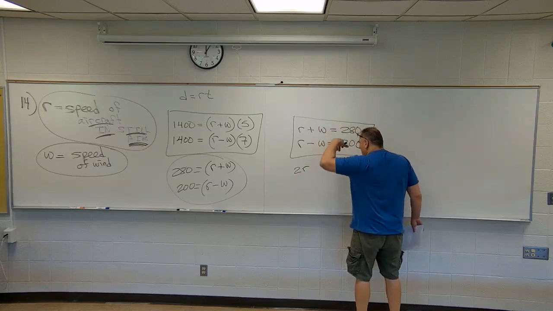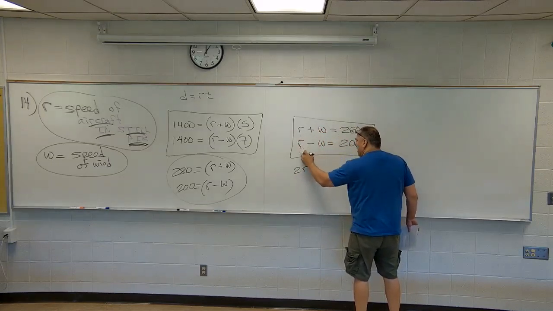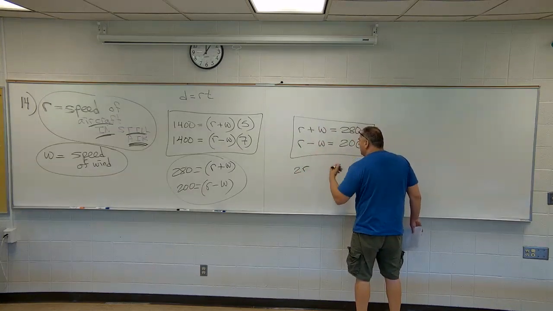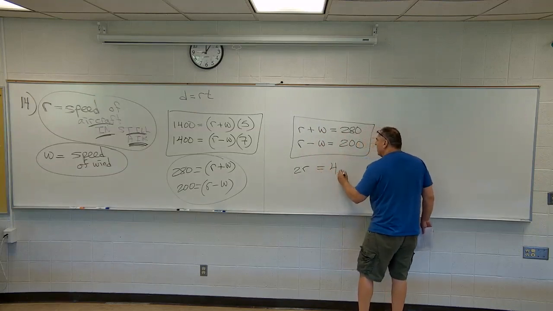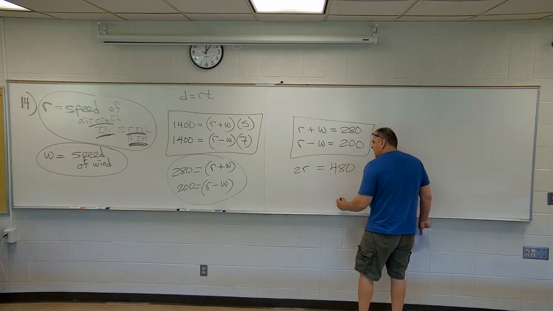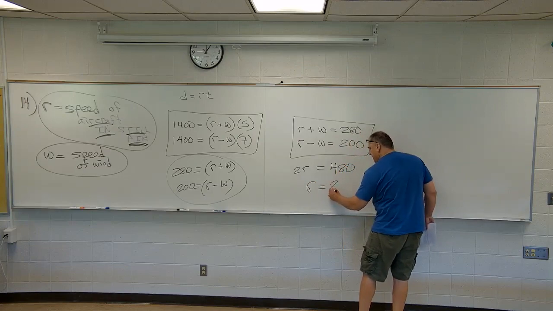W and negative W is 0. Minus W is the same as negative W. Add these two. Divide by 2, and you end up getting 240.